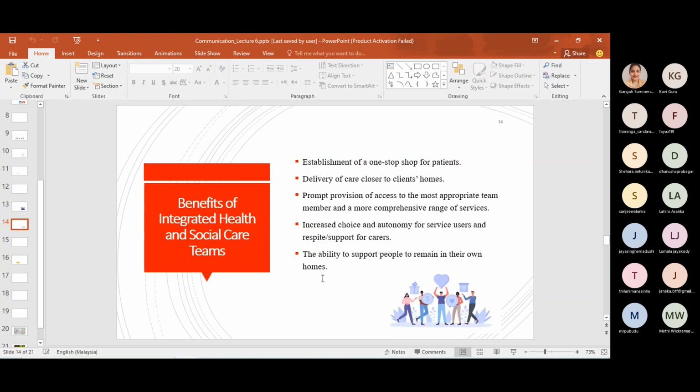When the organization is located closely to your home, it is easier for the clients to get their requirements fulfilled.